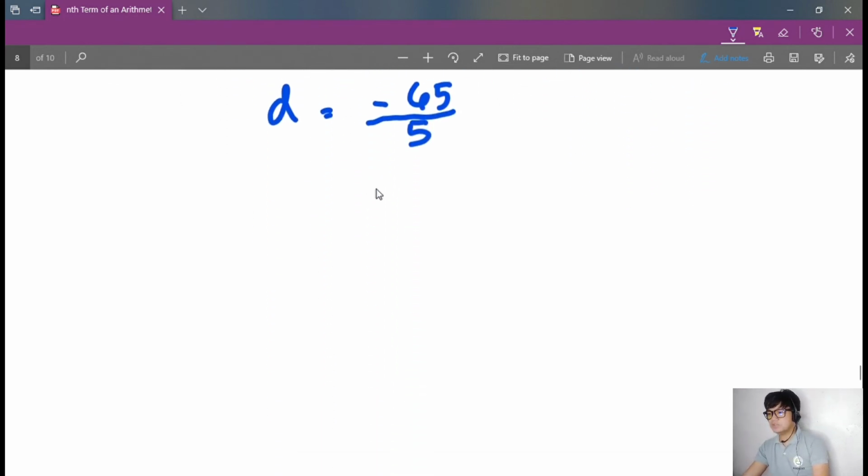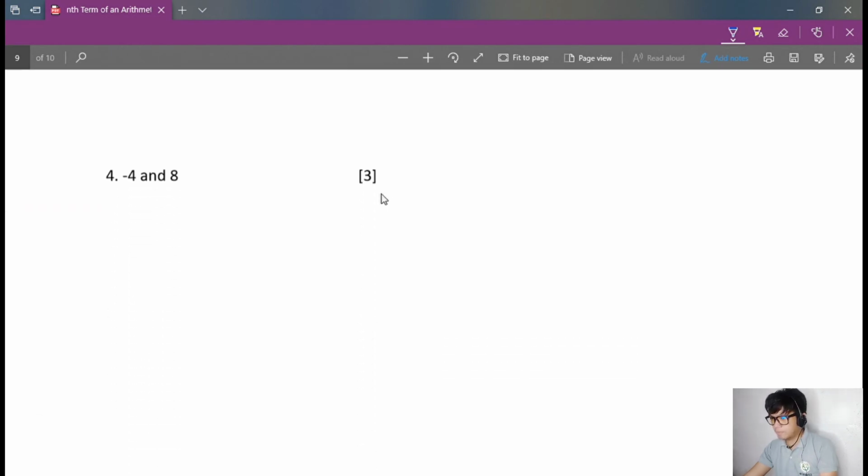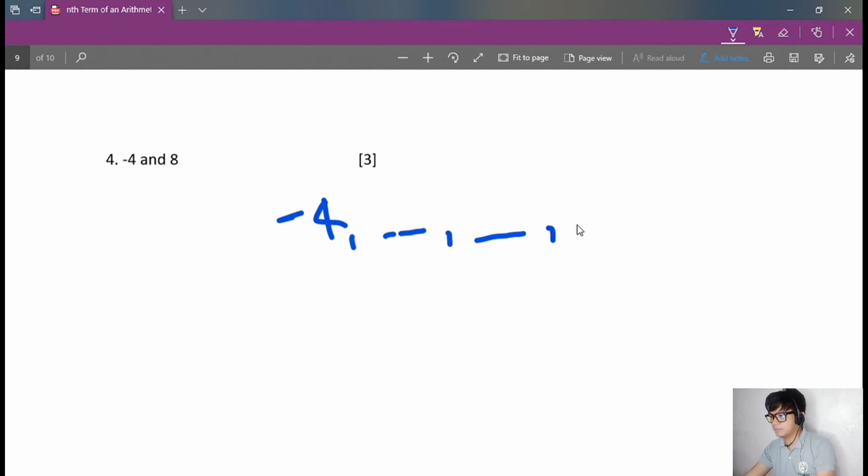Okay, let's proceed to number 4. Our first term is negative 4, and we're going to insert 3 arithmetic means, ending at 8.